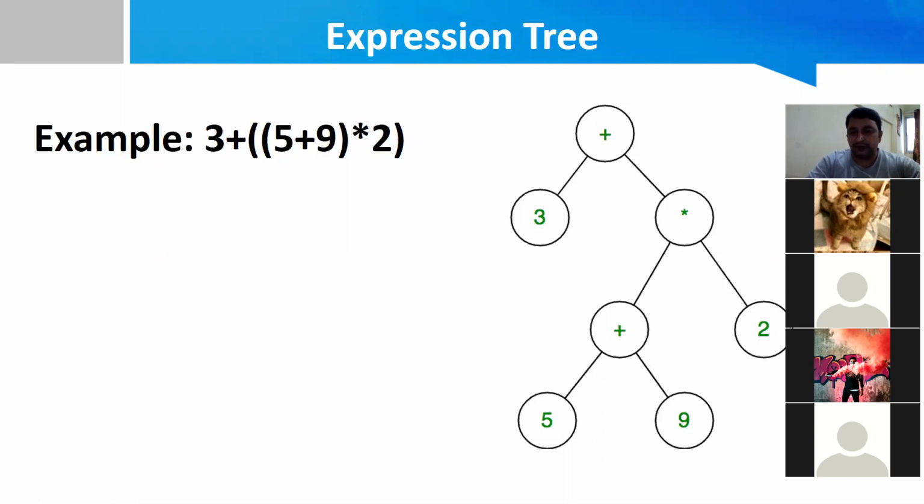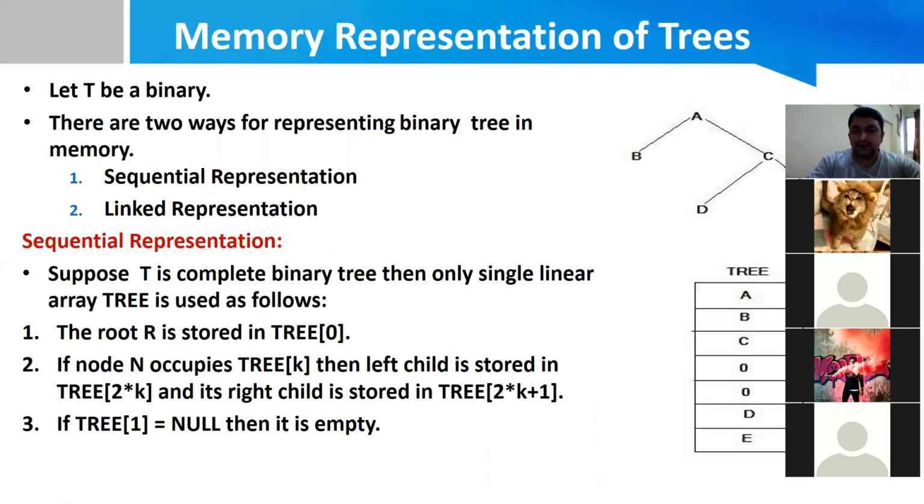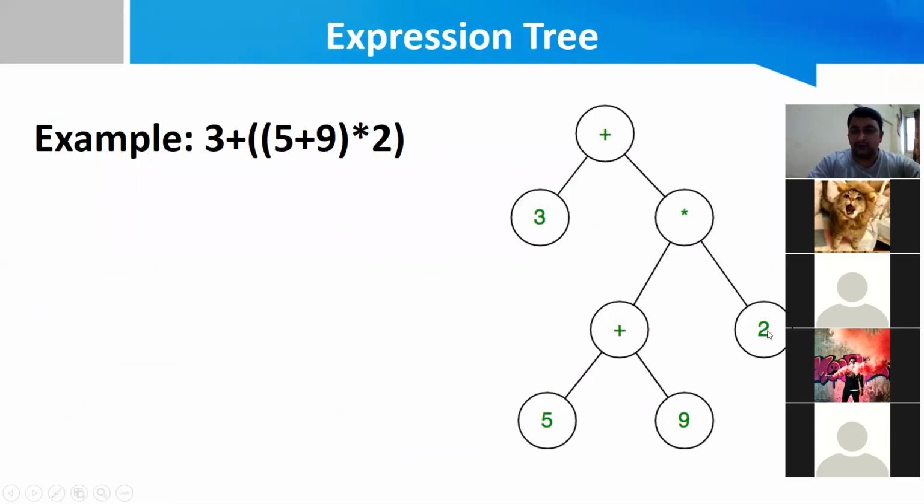Suppose you get 14. 14 multiplied by 2, that is 28. So 28 will be stored in this place. 3 plus 28, that is 31. So the result of the expression is 31. This is how it will execute from the memory. So I'm relating this entire expression in terms of memory as well as the execution part: how it will be stored in the memory and how it will be retrieved from the memory for the execution.